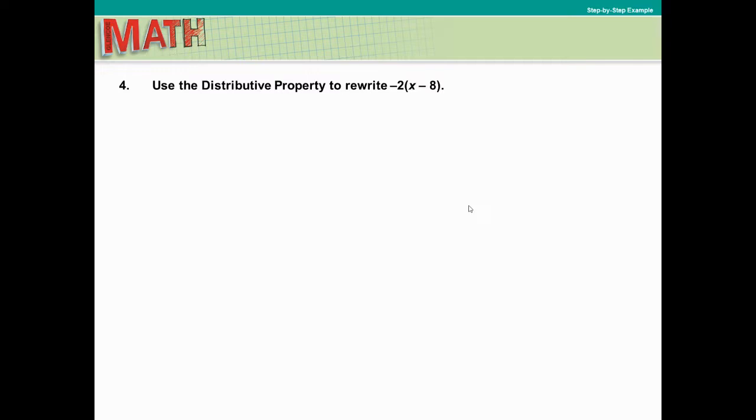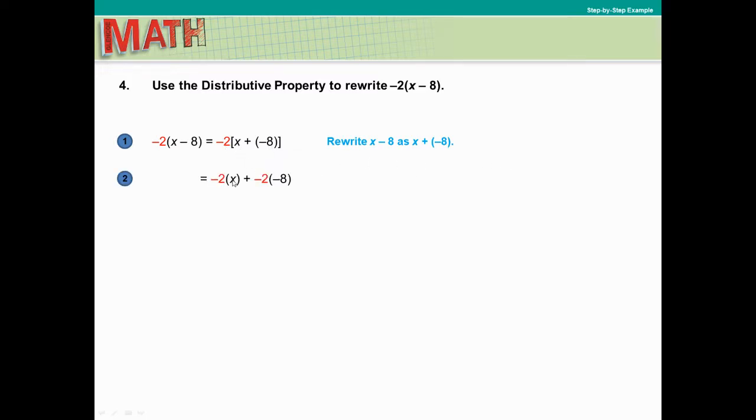It's going to be negative 2 times x, negative 2 times negative 8. Or minus, anyway, you'll see. Here's what they want you to do. Negative 2 times the quantity of x minus 8 would be negative 2 times the quantity of x plus negative 8. They want you to rewrite x minus 8 as x plus negative 8.